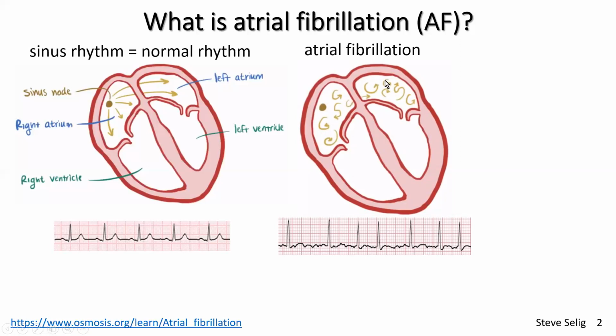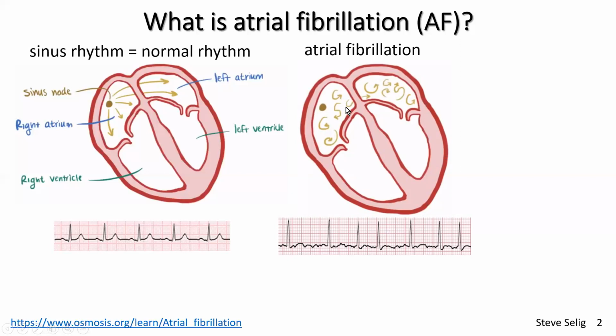You can't see it on this diagram, but there's another pacemaker cluster about here called the atrioventricular node, and this acts as an electrical gateway into the bottom pumping chambers, the ventricles, and it controls what comes through from the atria into the pumping chambers below.